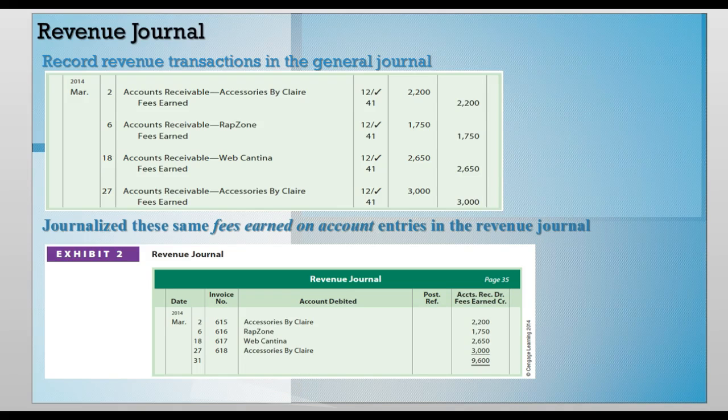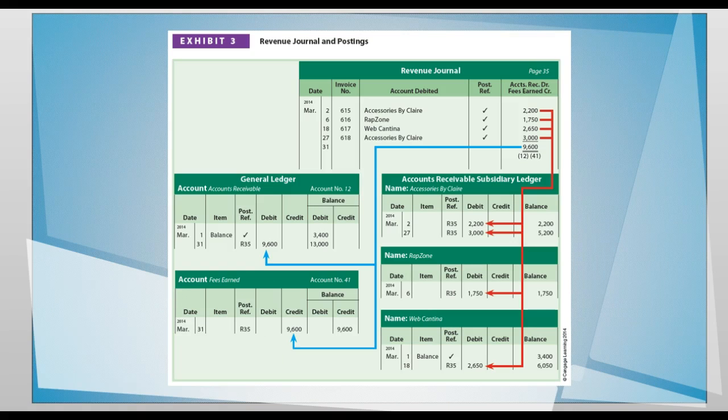So let's look at this. Here you go. Here are your amounts posted in the subsidiary ledger, where each customer has its own card. And over here it comes to the general ledger, where it's posting in accounts receivable as a debit, and posting in fees earned as a credit.